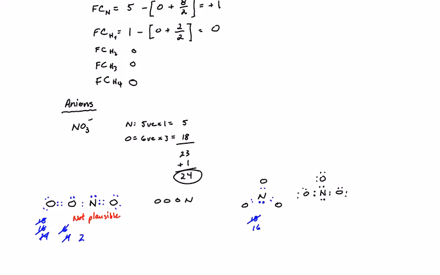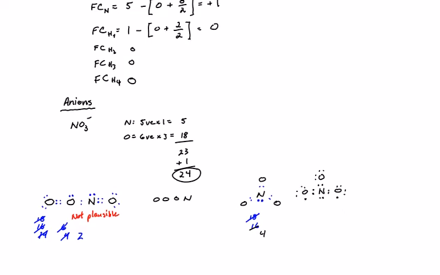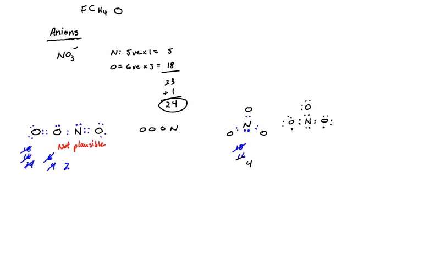So that's going to take us down to 4, and we wind up with an odd number of electrons on each one of the oxygens. But remember what I said back in the beginning, that the nitrogen can have 4 bonds. Not only that, oxygens want to have 2 bonds.